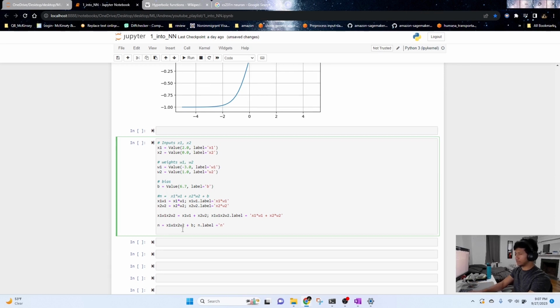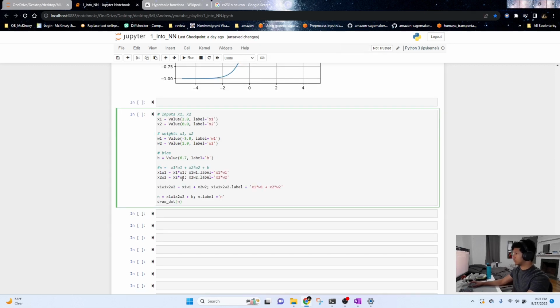Now if we draw n, so we just gave the calculation and labeled it: this is x1w1, x2w2, and this is n, which is x1w1 plus x2w2 plus b.